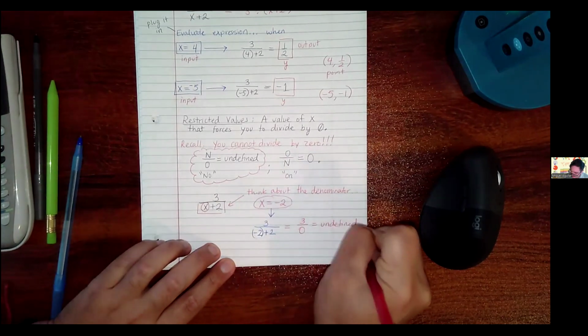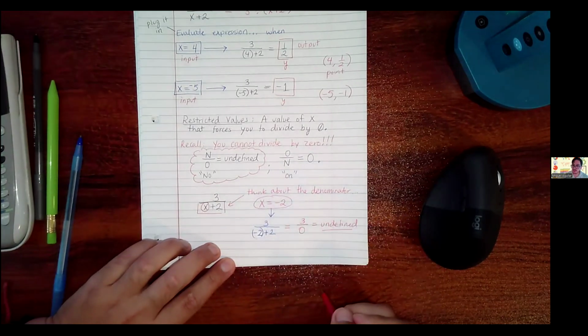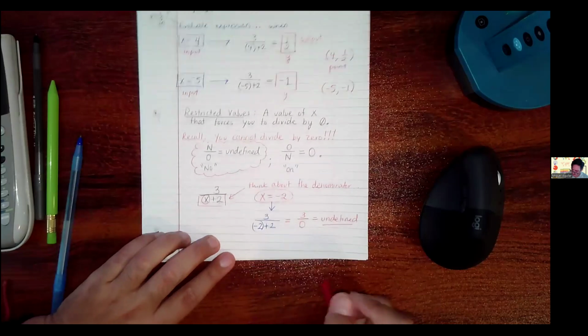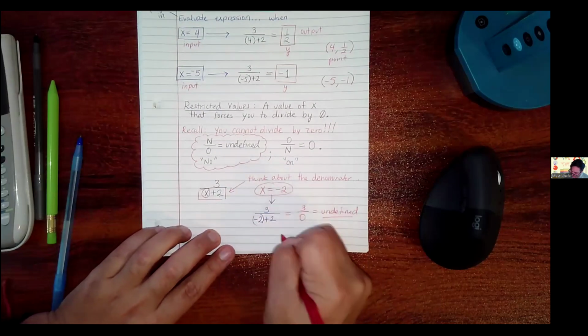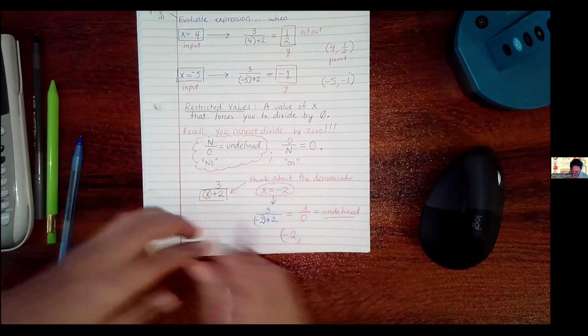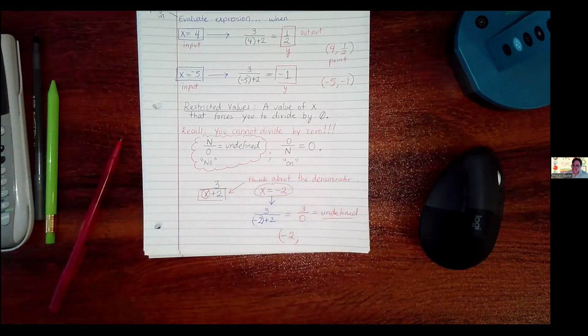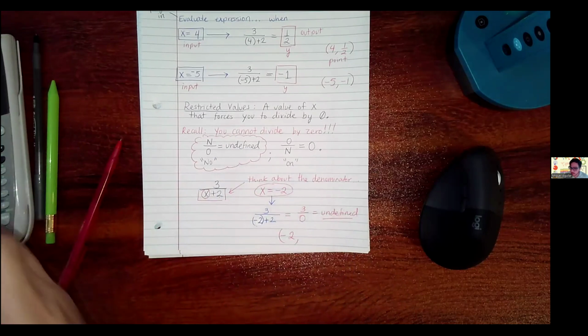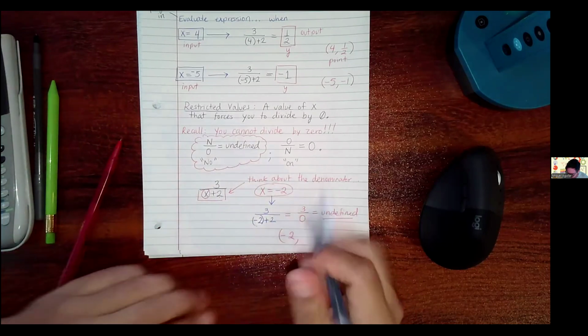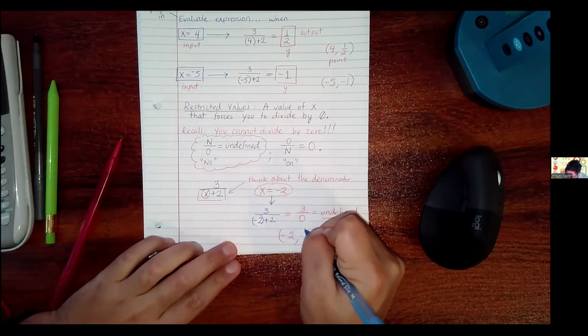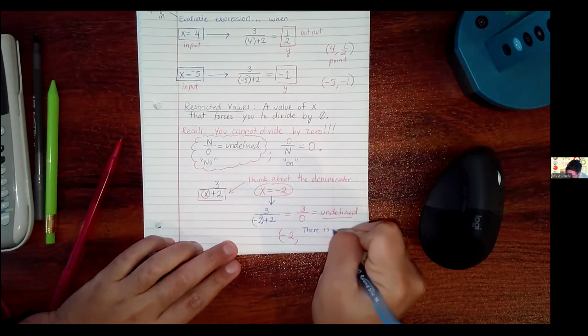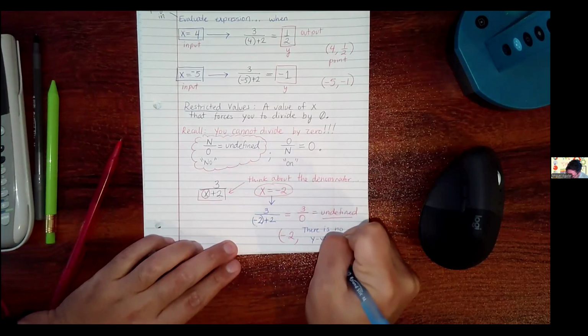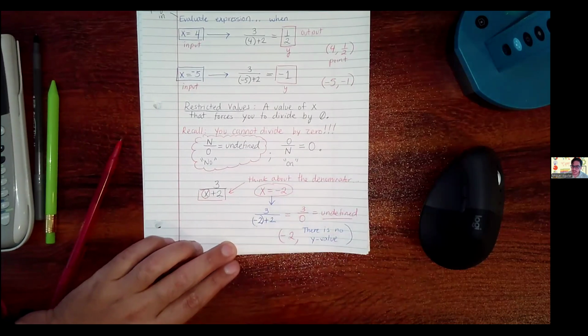We're going to say that this is undefined. We can't do that operation. So we have an x value here, -2, but because we can't calculate the y value, because we keep getting an error in our calculator, or we say that it's undefined, there is no y value for this x value.